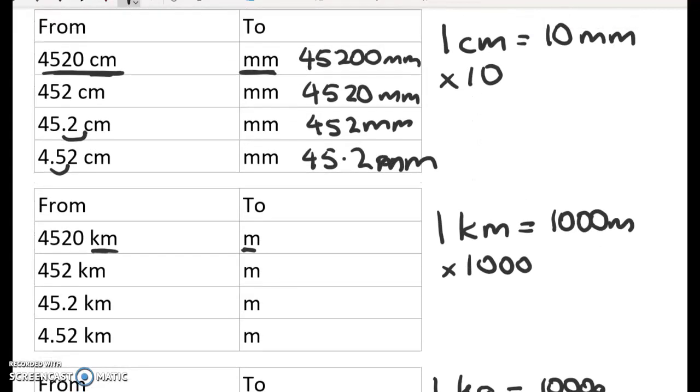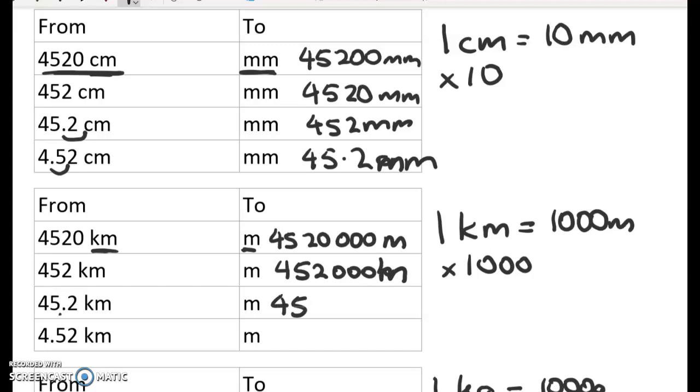Lastly, kilometers to meters, we're timesing by 1,000, so 3 place value columns of shift. Here we're moving over 3 place value columns, and the same thing here.